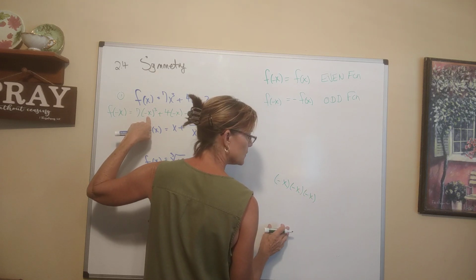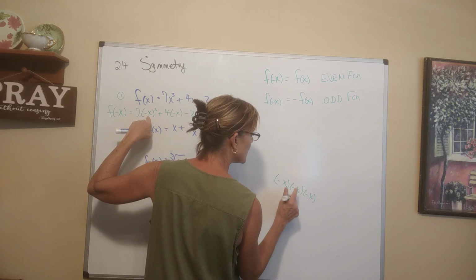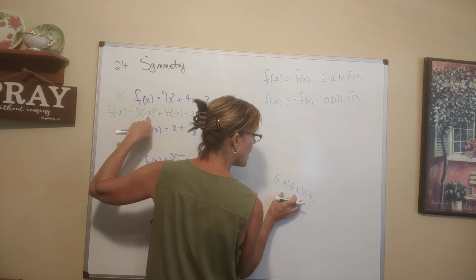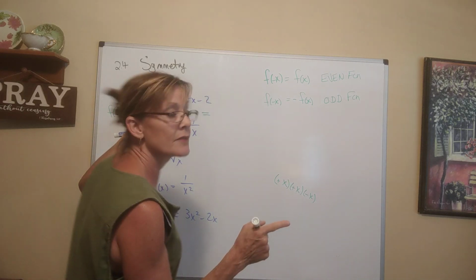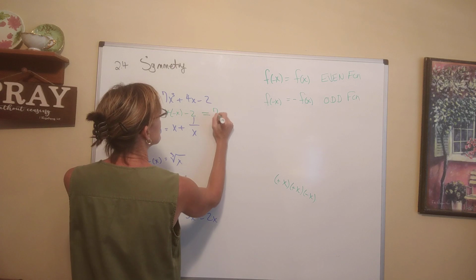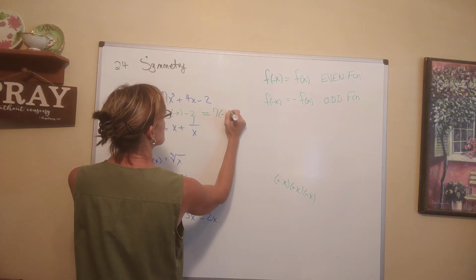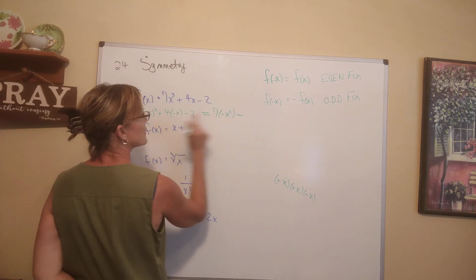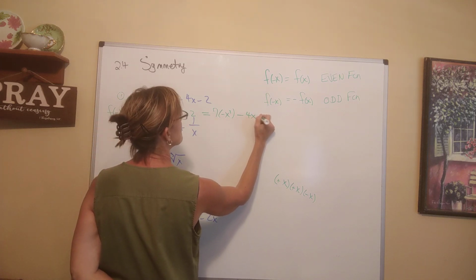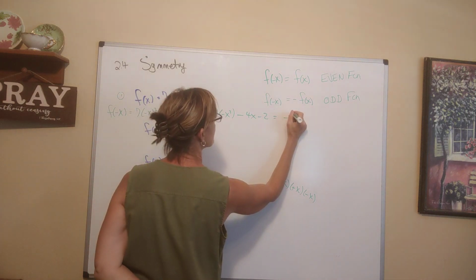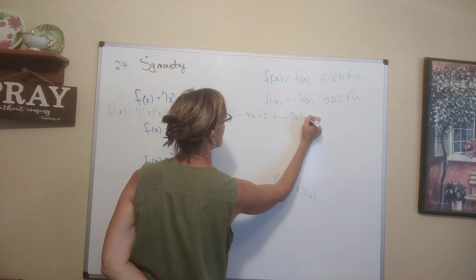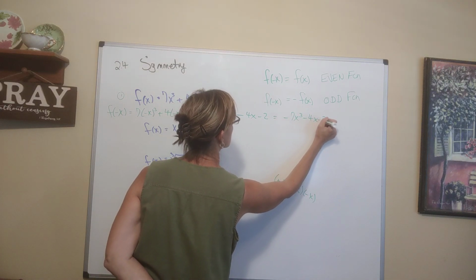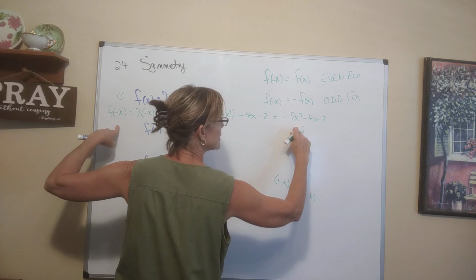A negative times a negative is a positive, and a positive times a negative is a negative. So we get 7 times negative x to the third, plus 4 times negative x is minus 4x, minus 2. This is equal to negative 7x cubed minus 4x minus 2. So this is what f of negative x equals.